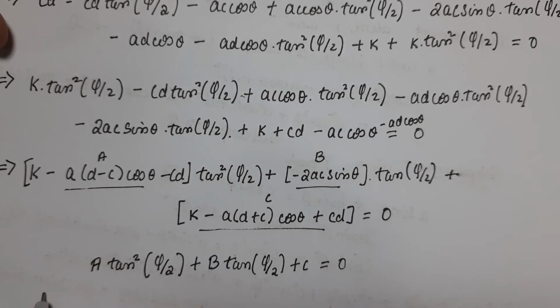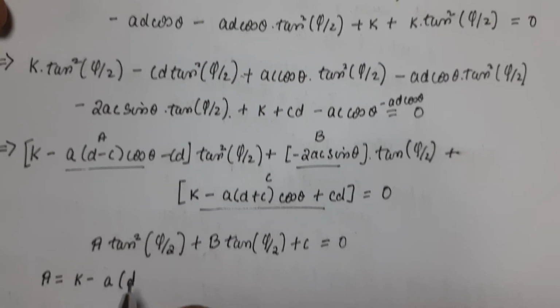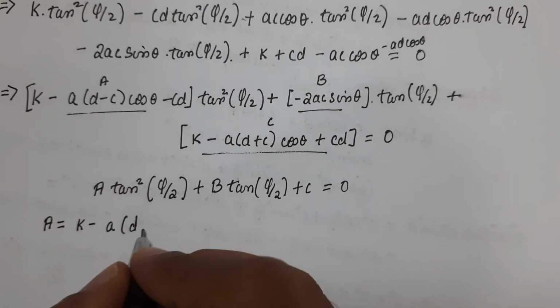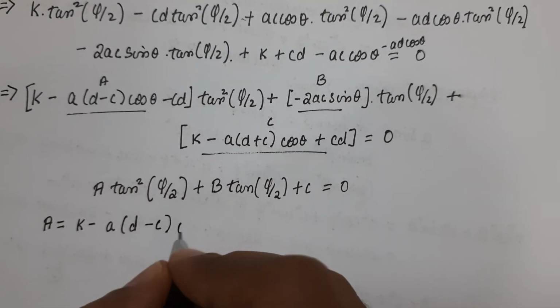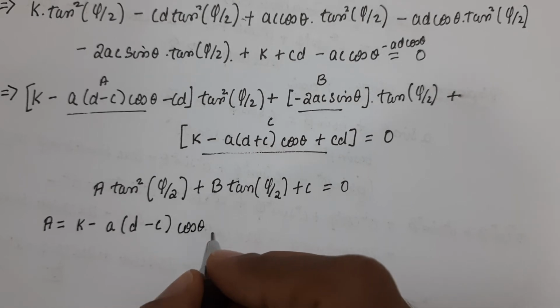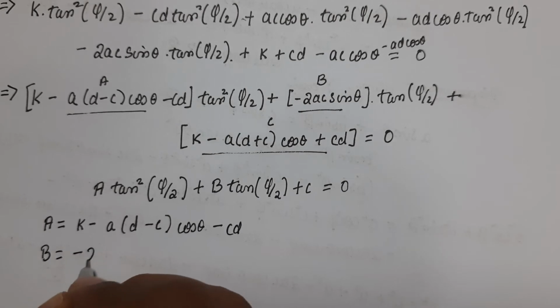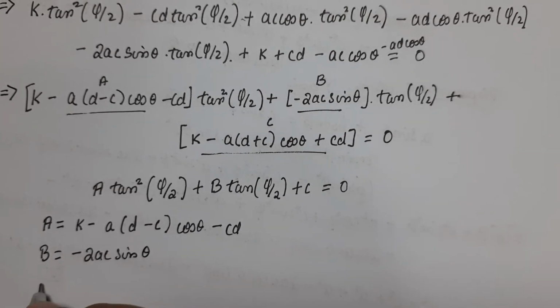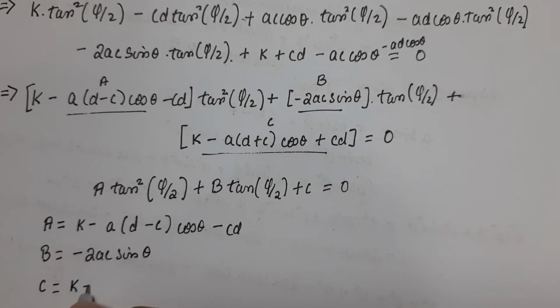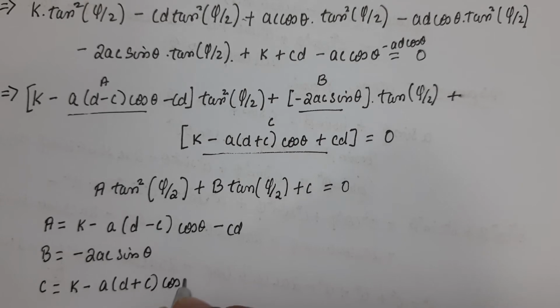Here A is equal to k minus a into d minus c cos theta minus cd, B is equal to minus 2 ac sin theta, and C is equal to k minus a into d plus c cos theta plus cd.